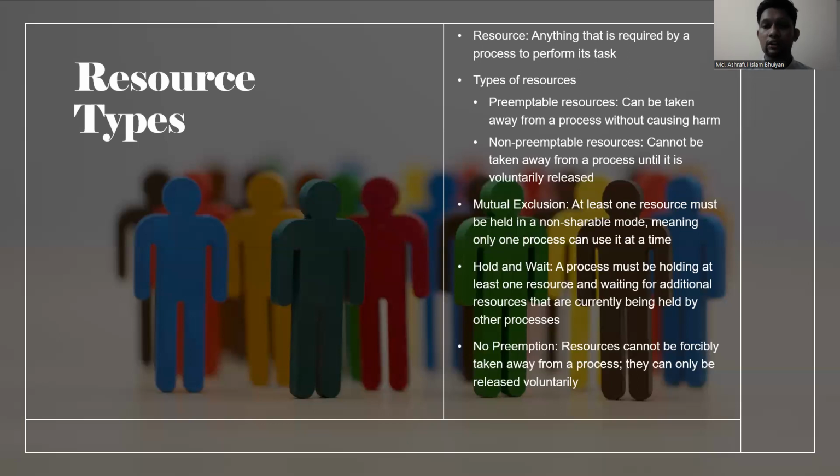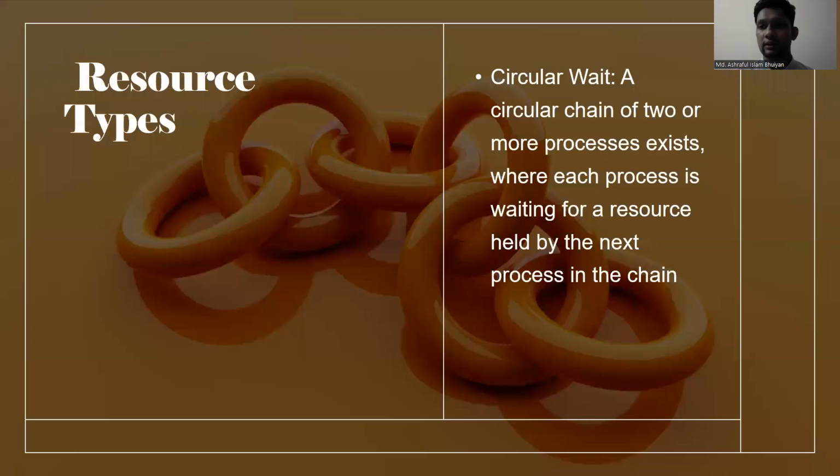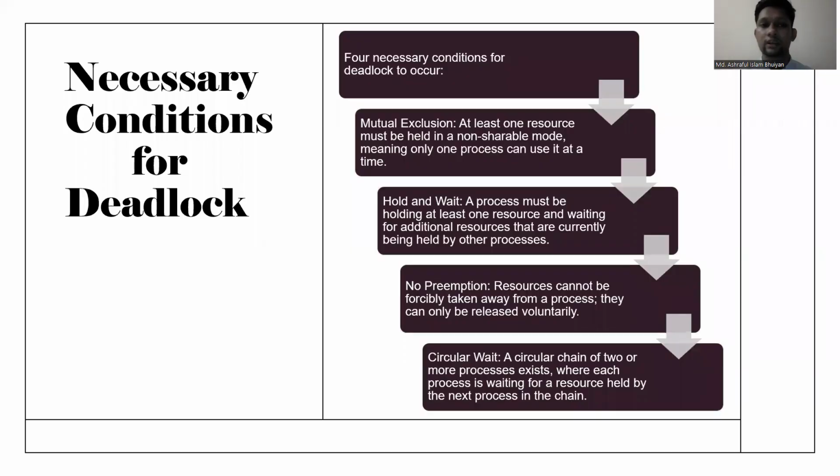They can only be released voluntarily. And then circular wait. A circular chain of two or more processes exists, where each process is waiting for a resource held by the next process in the chain.